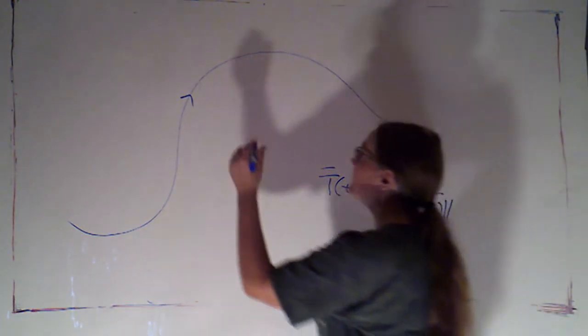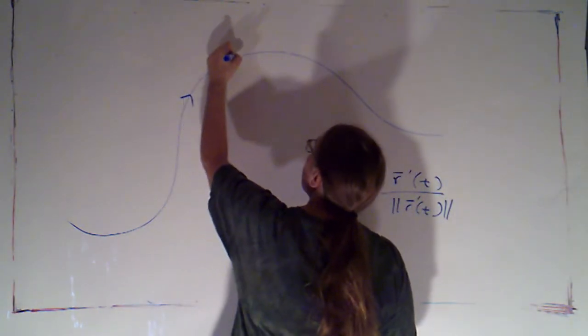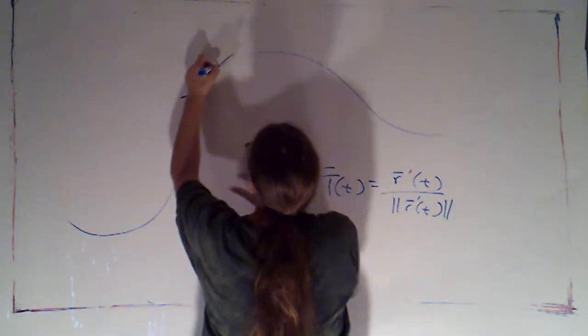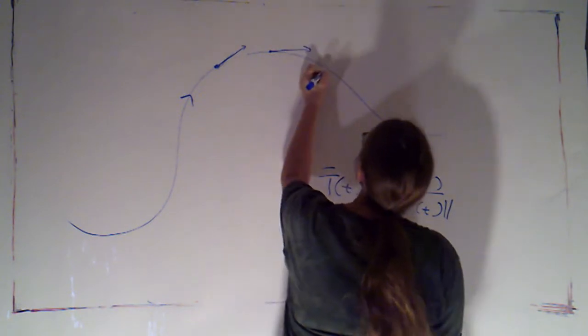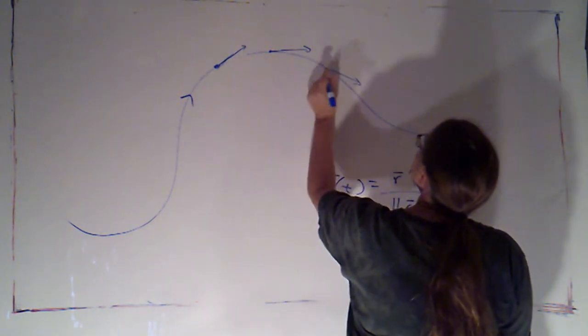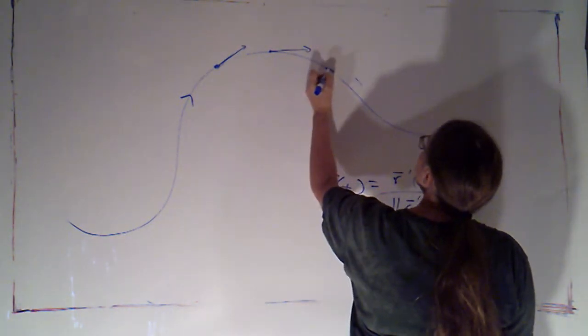Okay, so at every point on the curve I would have a unit tangent vector. So it would have the same direction as my derivative, and I would just normalize it to make it a unit vector.